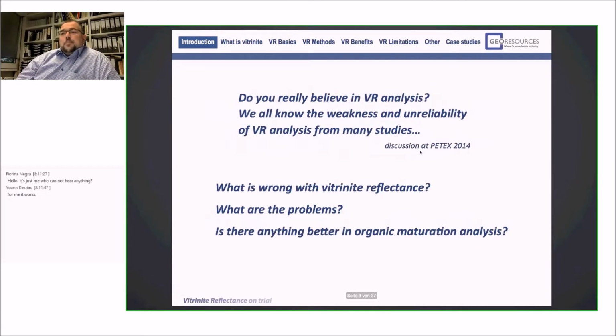But in a discussion at the PETEX conference in 2014 in London, I was very much surprised to hear a lot of very critical discussion on the value of vitrinite reflectance. One speaker stood up and said something similar to the reference I wrote up here: Do you really believe in vitrinite reflectance analysis?